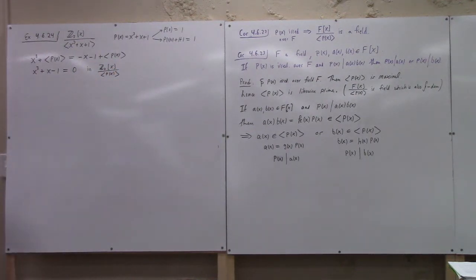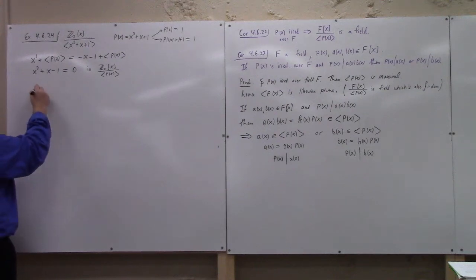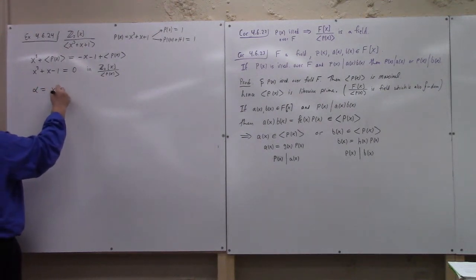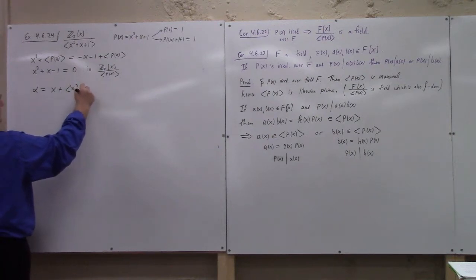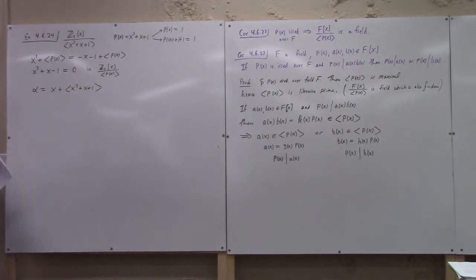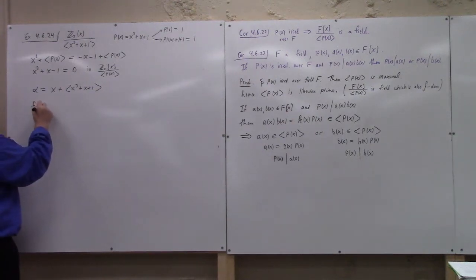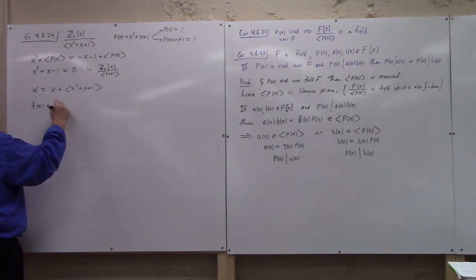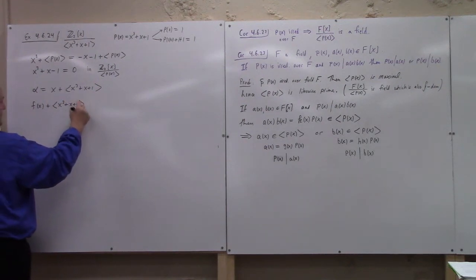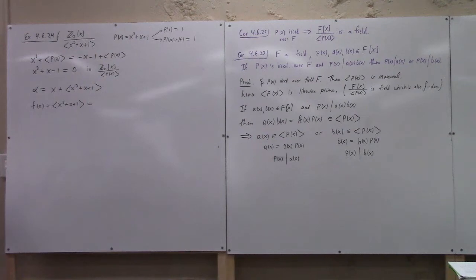There's a way around this: I'm going to let alpha equal x plus the ideal generated by x cubed plus x plus 1, just to change notation a bit. If you think about f(x) plus the ideal generated by x cubed plus x plus 1, you realize that I can reduce x cubed to minus x minus 1. So anything higher order than x cubed, I can contract back down to a constant or x squared.